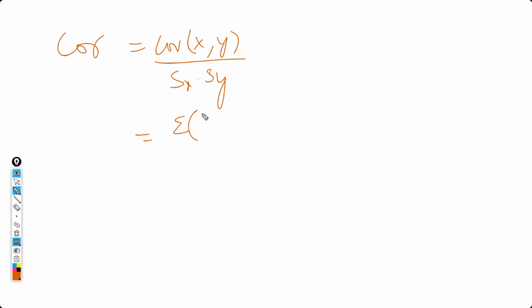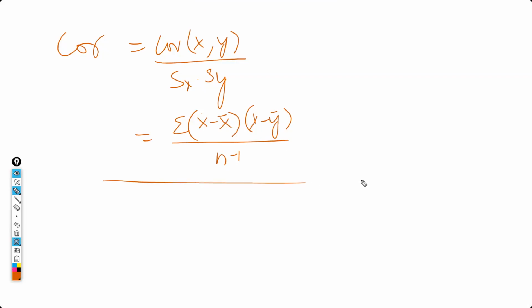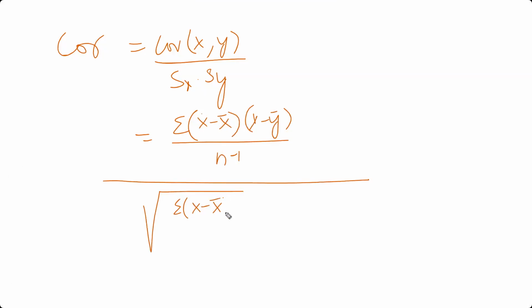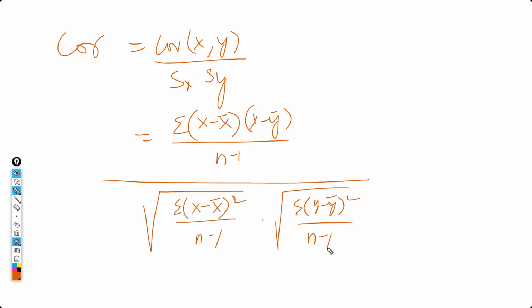Population correlation and sample correlation are both the same. Why? That is what we are going to see now. Sigma of x minus x bar into y minus y bar divided by n minus 1 is the covariance formula. It is divided by square root of sigma of x minus x bar squared divided by n minus 1, into square root of sigma of y minus y bar squared divided by n minus 1.